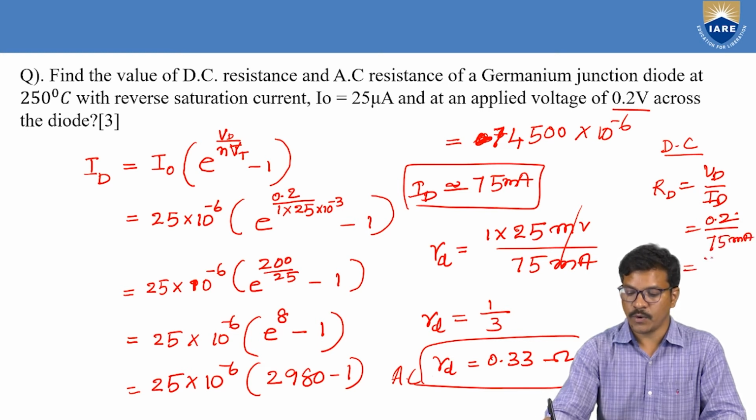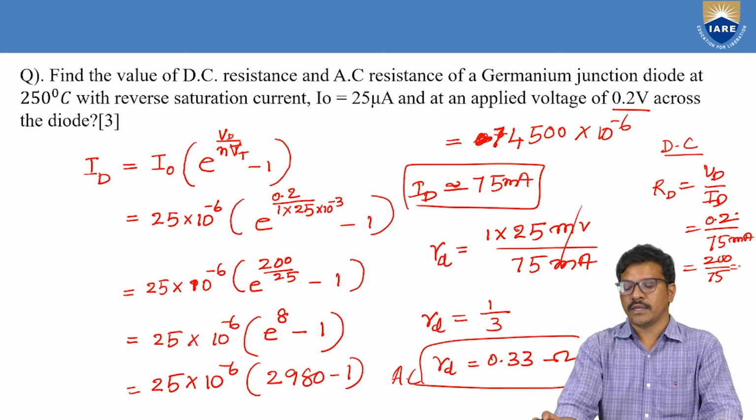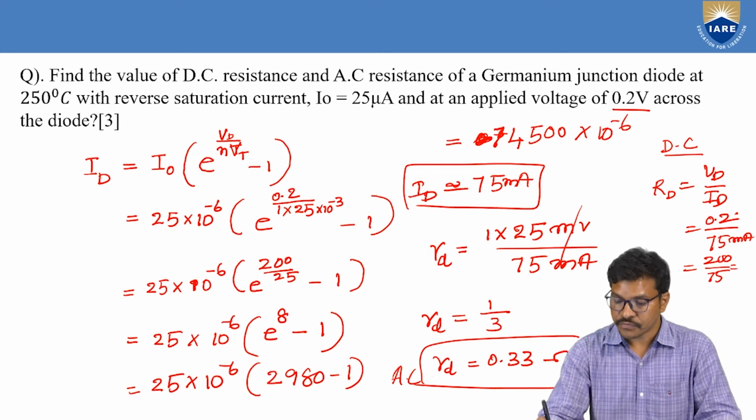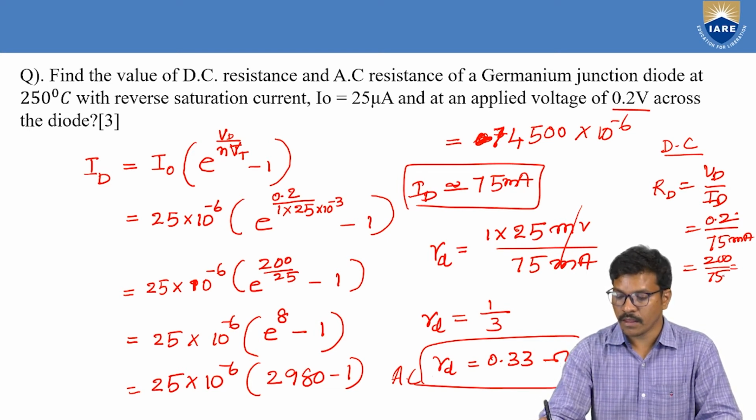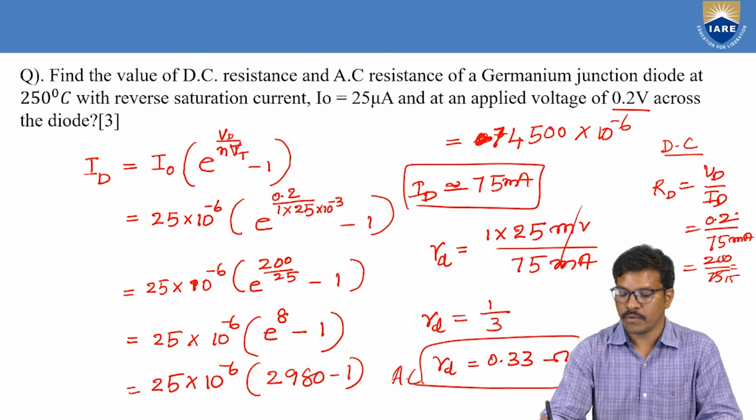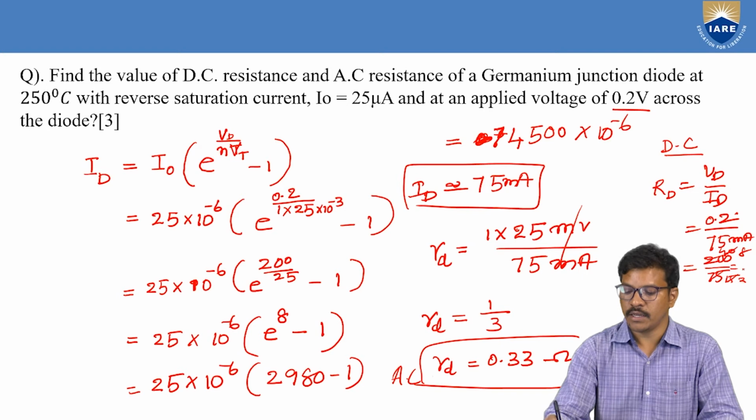So we will take 200 by 75, which is 8 by 3.